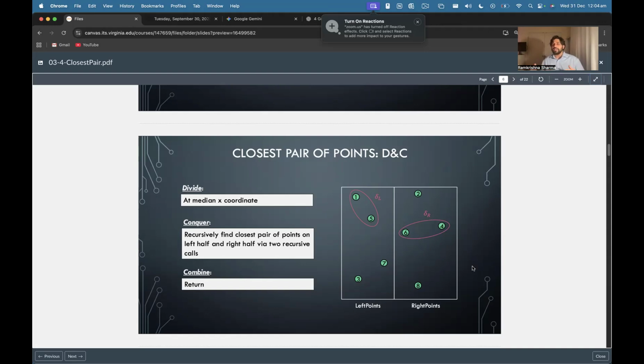And ideally, the left will return a candidate that will have the closest pair of points on that side, or at least the number that corresponds to the distance between the closest pair on the right side. And then, of course, we'll receive a candidate from the left side as well. So the right and the left will return what they believe to be the closest pair on their respective sides.